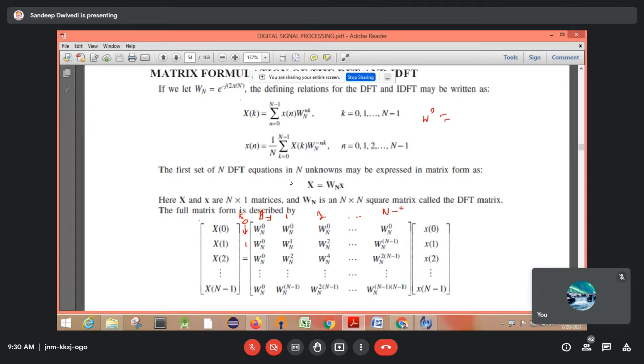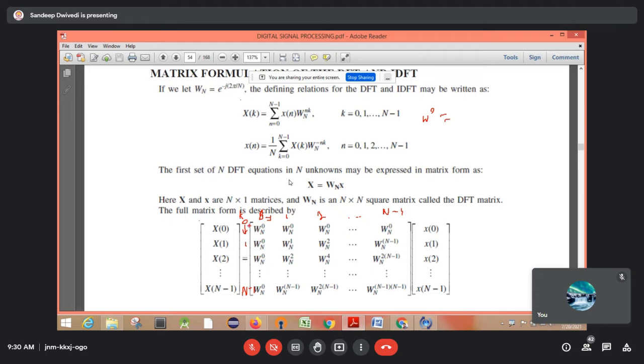That is capital N minus 1. In the same manner, the value of K is also capital N minus 1.